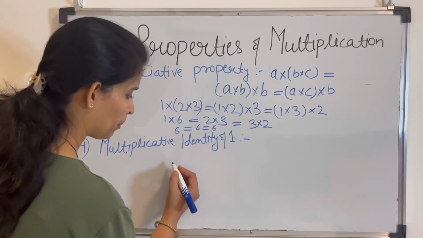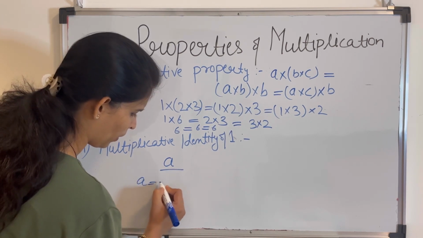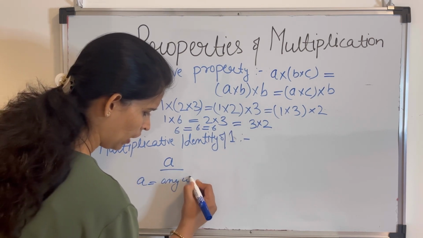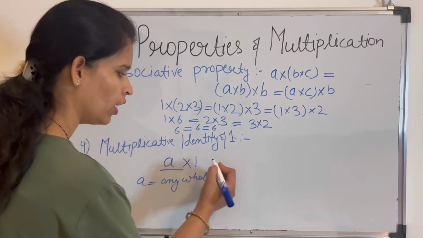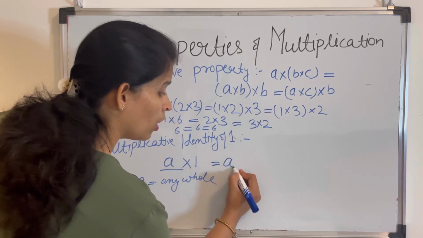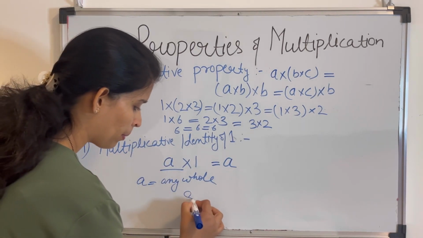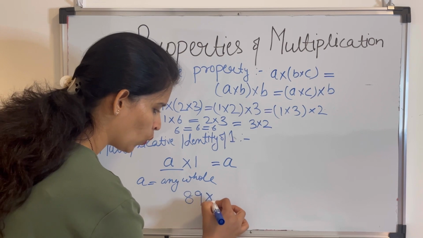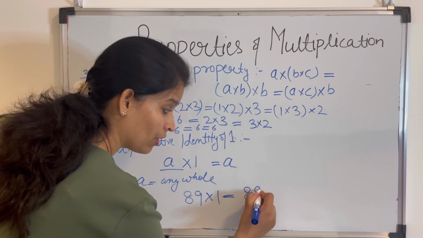So if I multiply any number, I am taking A, where A means any whole number, with 1, the result should be the number itself. For example, if I multiply 89 into 1, the product should be 89 only.